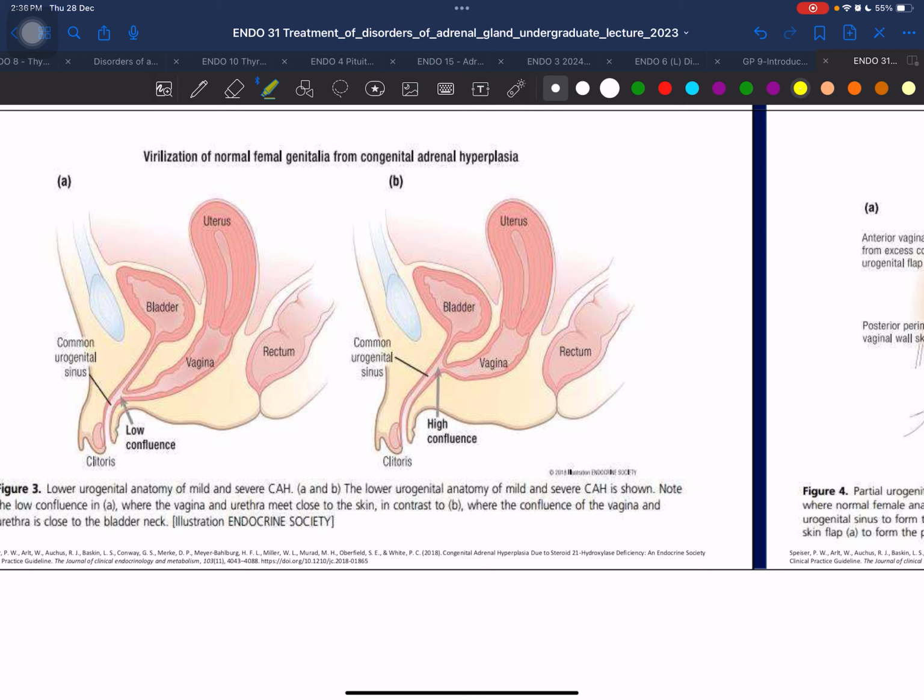What the surgeons need to do, I can't show you because this is not working, but there shouldn't be a confluence over there. So the surgeons mobilize and separate the urethra and the vagina, which are two separate canals, and then they ligate as necessary. They repair the sinus connection.